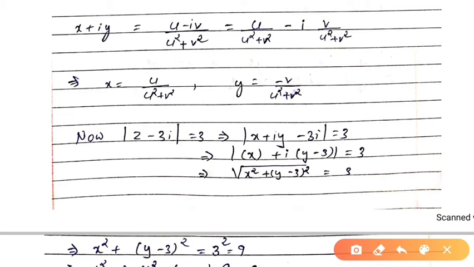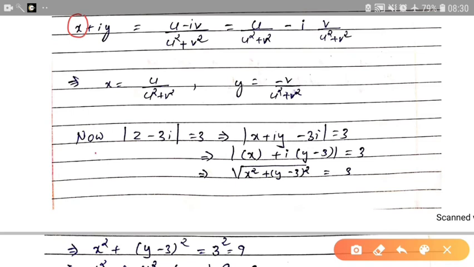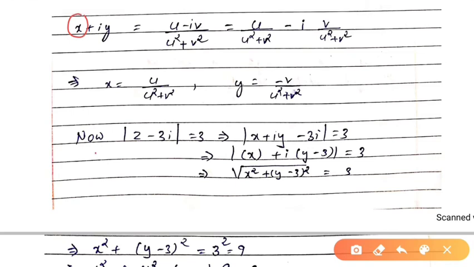Here on the LHS the real part is x, and on the RHS the real part is u upon u square plus v square. So I can write x equal to u upon u square plus v square. In the same way we compare the imaginary part, that is, the coefficient of i.